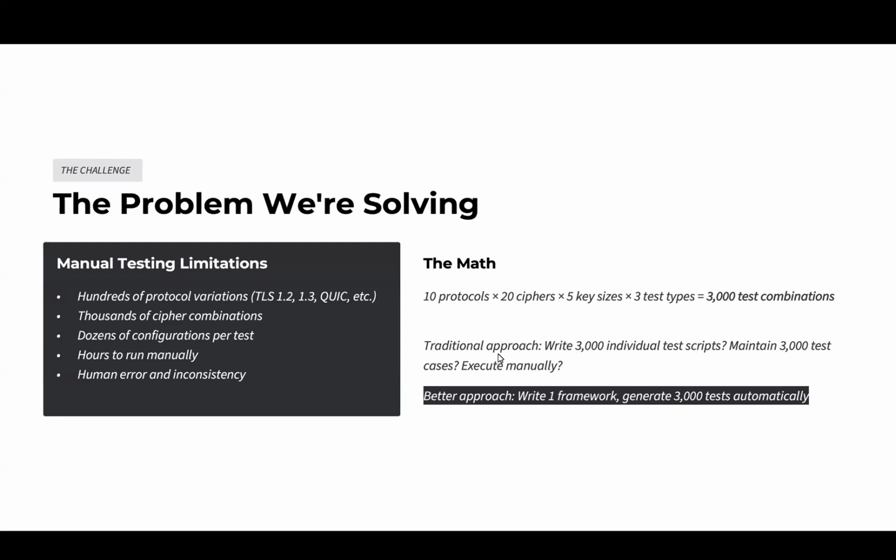So we have to consider all these different combinations. When we do the handshake between client and server, there are different key shares we can do. TLS 1.2 has its options, 1.3 has its own, QUIC has its own variation. And nowadays, if you have noticed, the Chrome browser uses a PQC algorithm, the new algorithm that they have developed to keep our traffic safe from quantum computers.